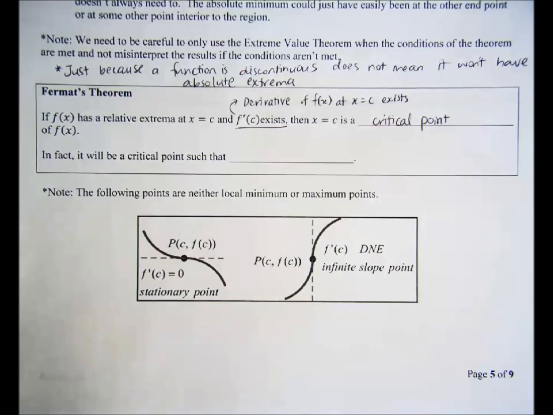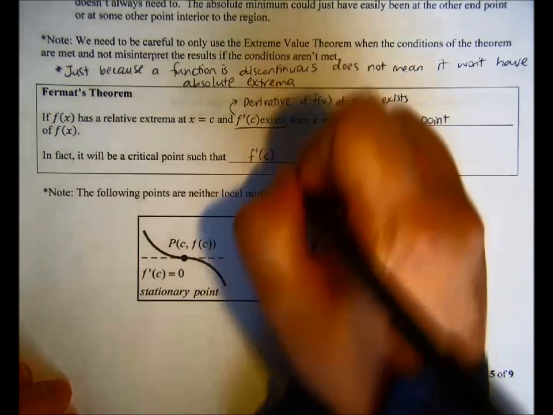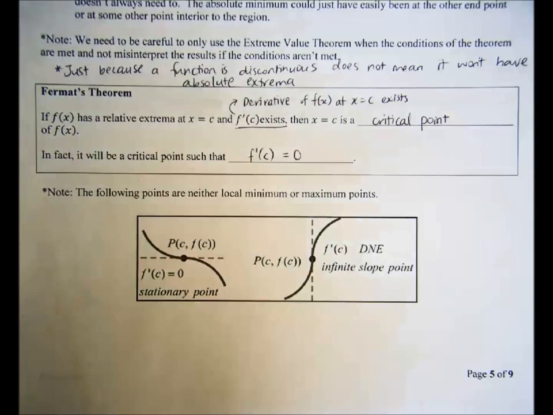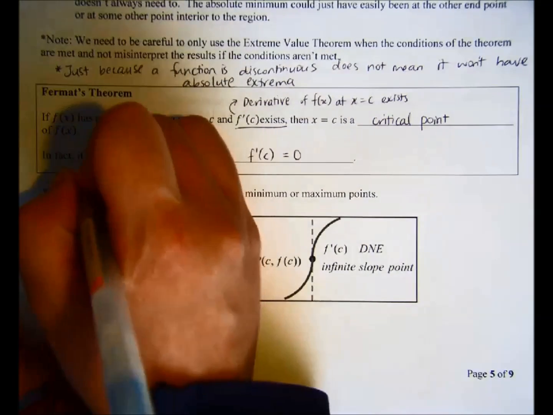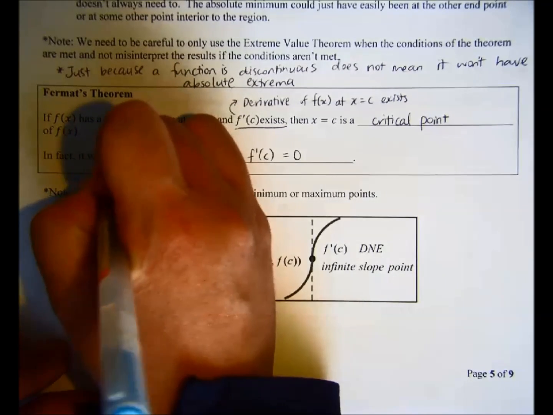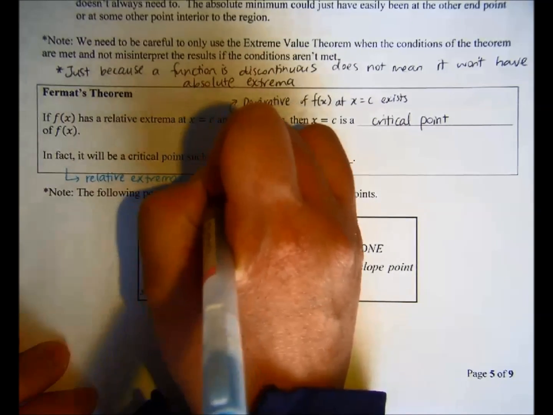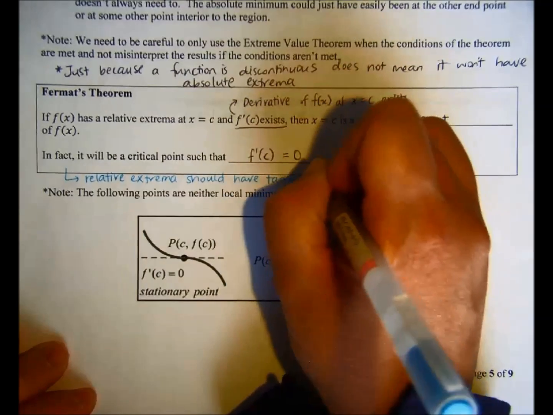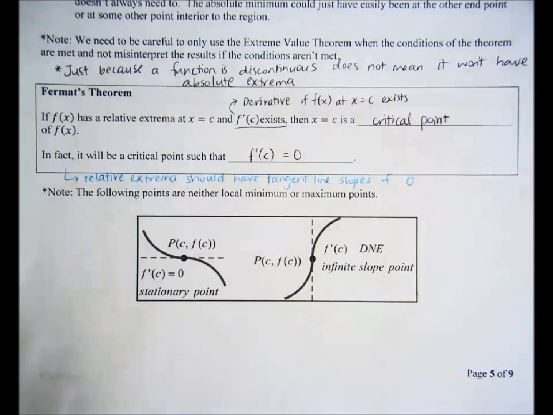And in fact, it's going to be a critical point such that the derivative f prime of c will equal 0, which means that, as you probably have figured out, relative extrema should have tangent line slopes of 0, which is what the derivative really means, right? It's the tangent line slope.